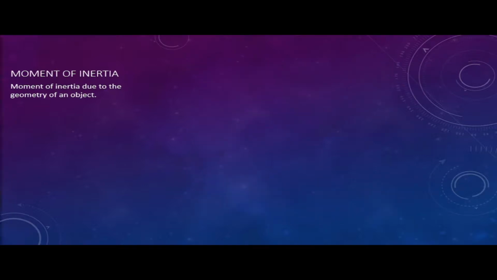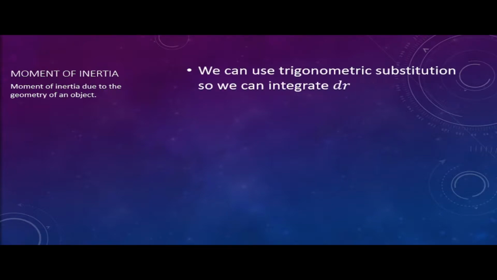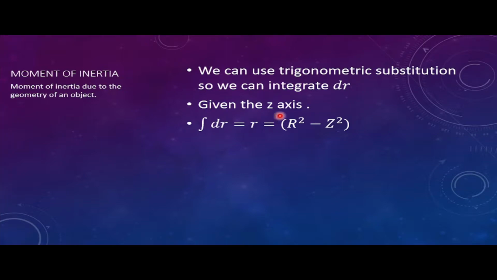We can use a simple trigonometric substitution to find dr, given the z-axis and the radius distance from the center of the Earth, which is r squared minus z squared. So that is equivalent to this formula, and then we will get this one.